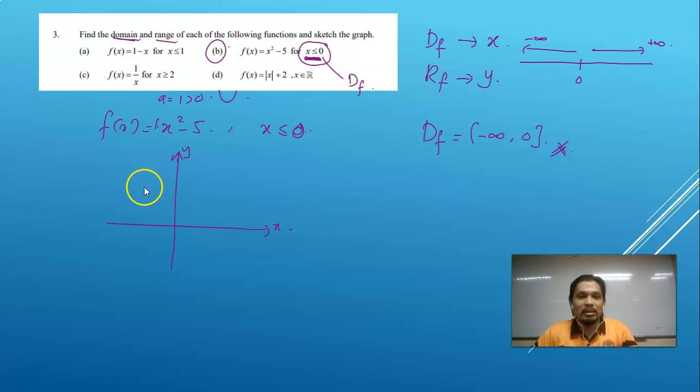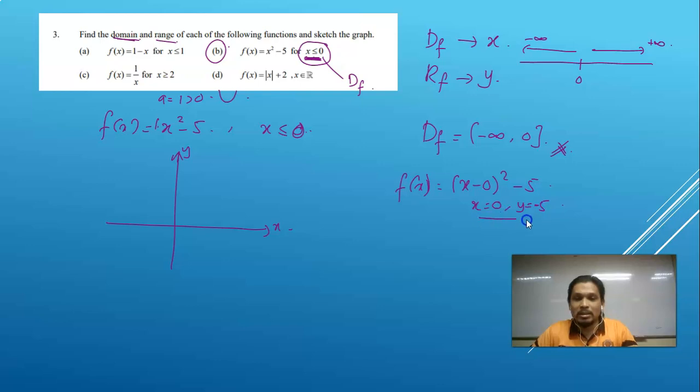The graph of x squared minus 5, f(x) equal to x minus 0 squared minus 5, means that when x equal to 0, y equal to negative 5.